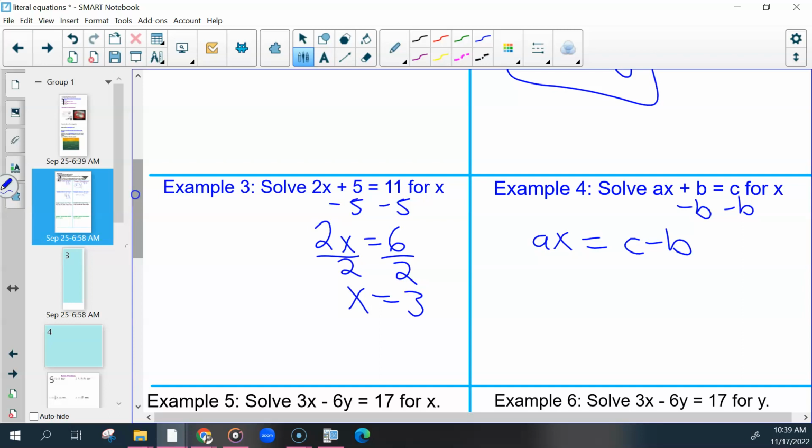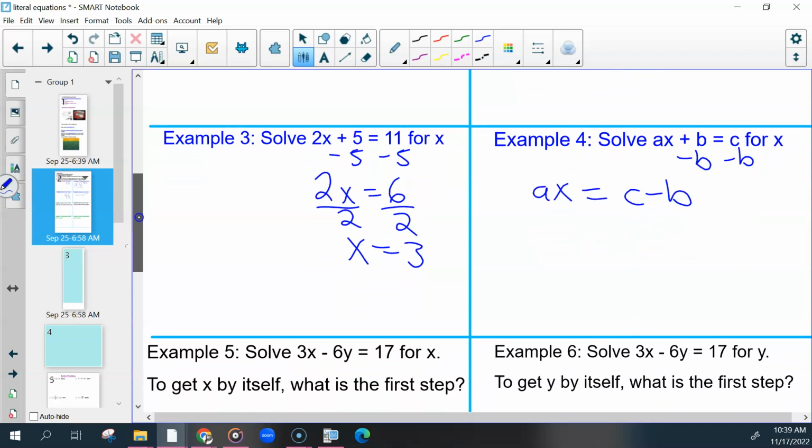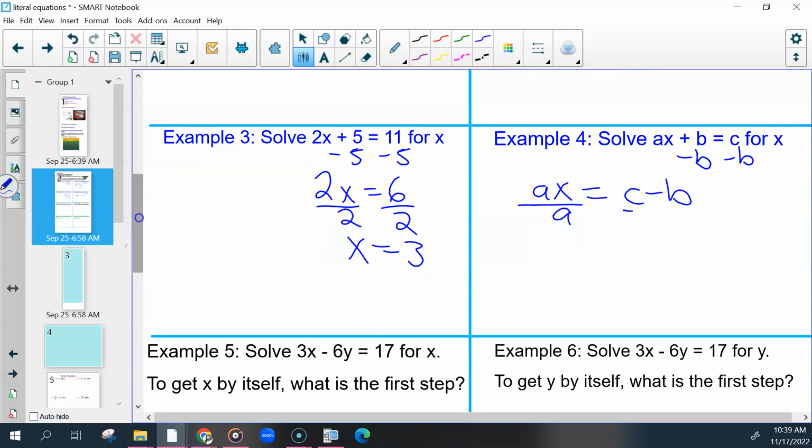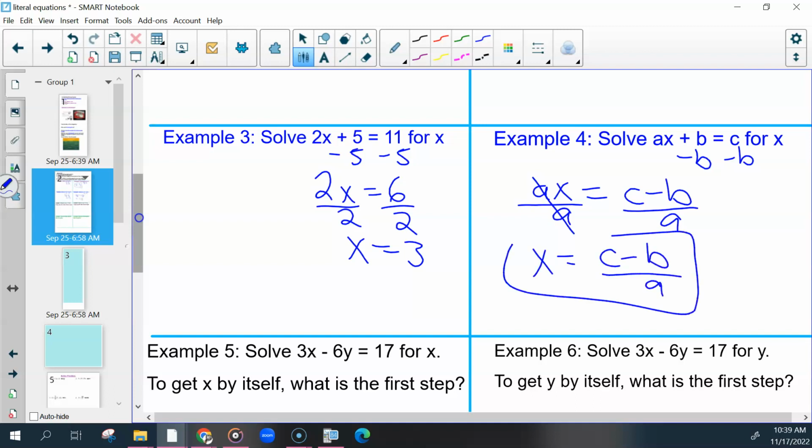And then, if we're trying to get x by itself, what would we do? Matthew, go ahead. Divide. So we're going to divide this entire thing by a and this side by a. These a's would cancel, and you'd have c minus b all over a.